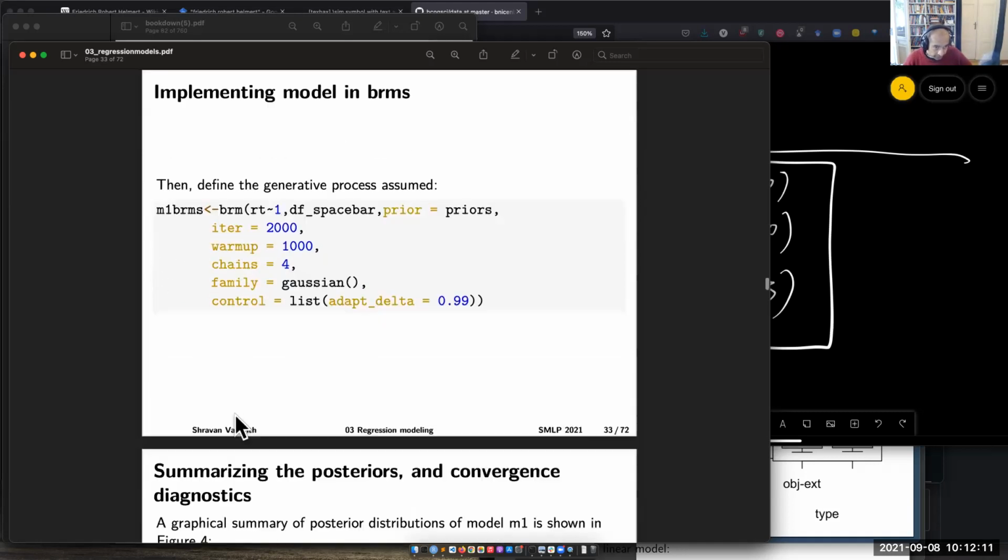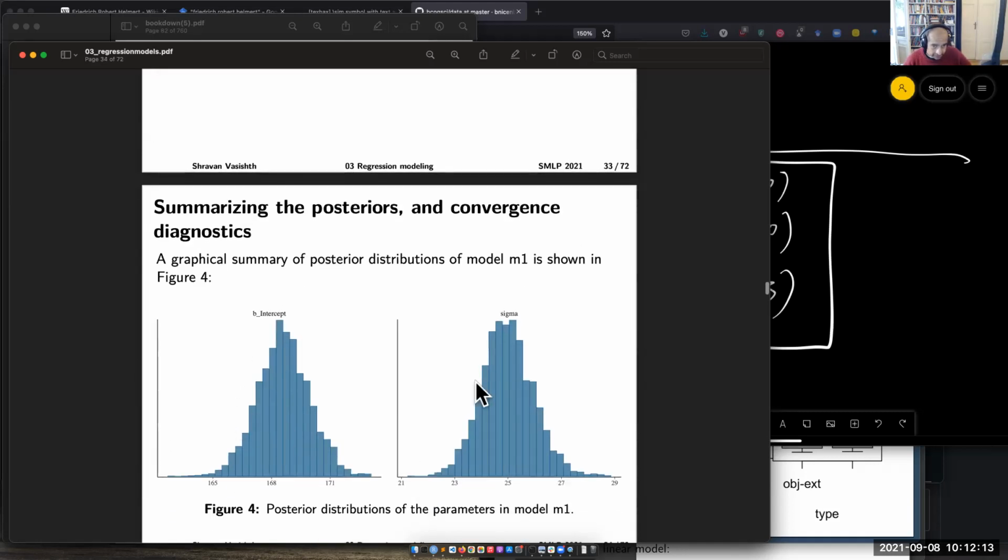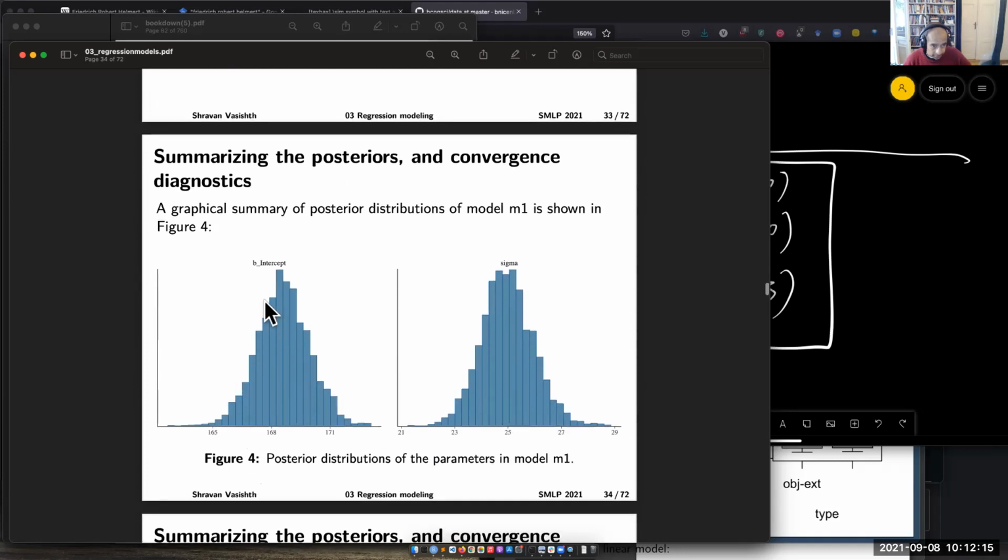Once I fit this model, I can then extract the posterior distributions and again look at the mu, which is now called the intercept, and the sigma. And you notice that this posterior for mu and sigma is now very different from my fake data simulation based mu and sigma, right?